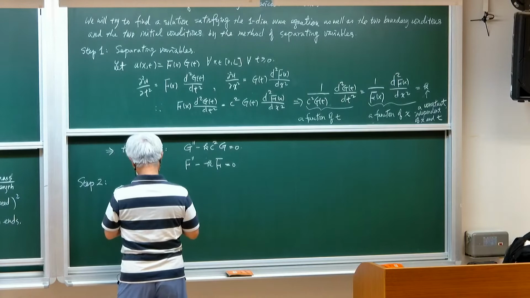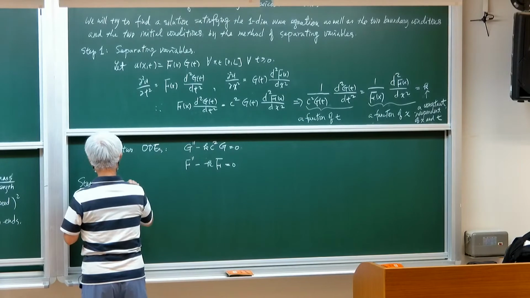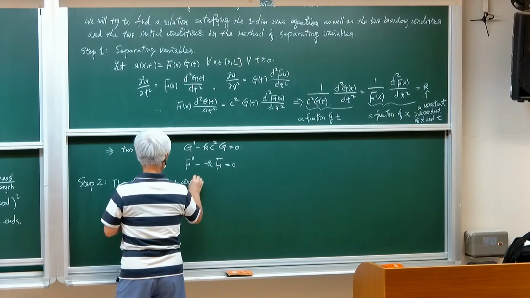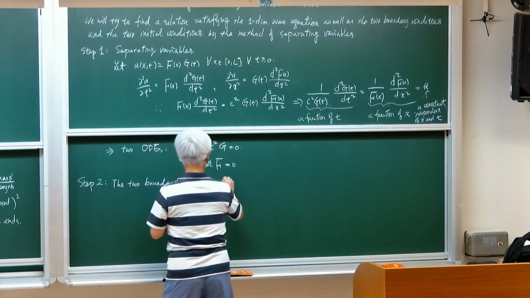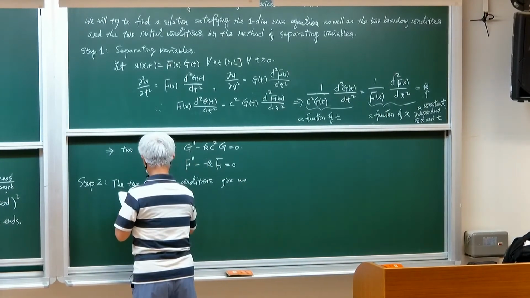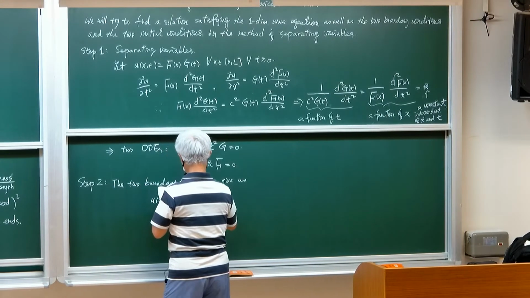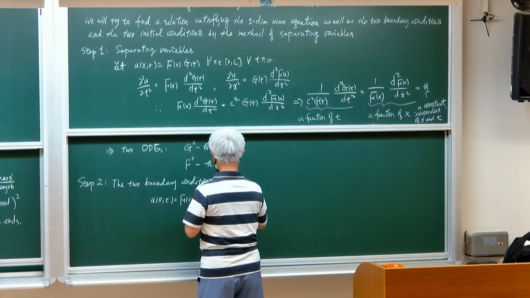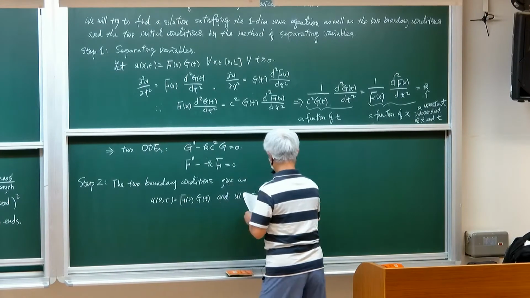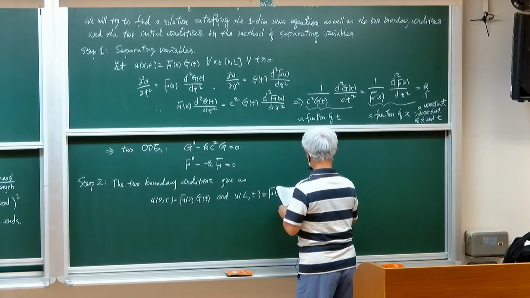Now we look at the two boundary conditions, which give us U(0,t) equal to f(0)g(t), and U(L,t) equal to f(L)g(t), for all t greater than or equal to 0.